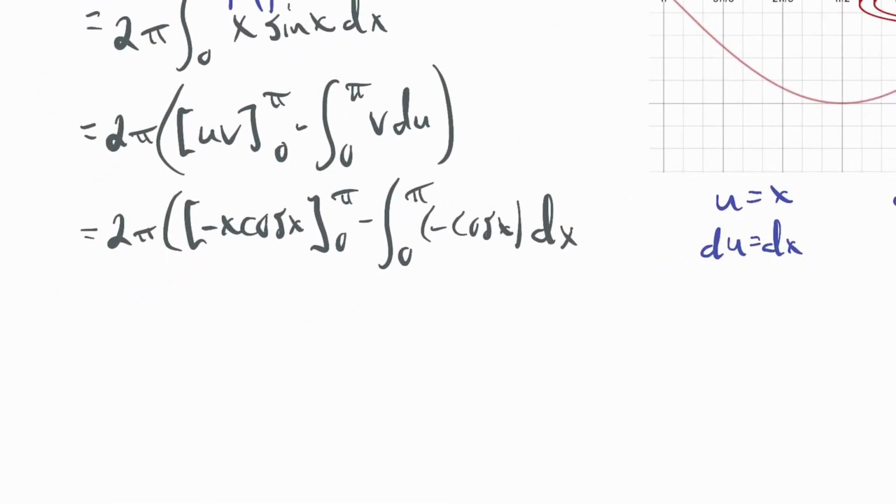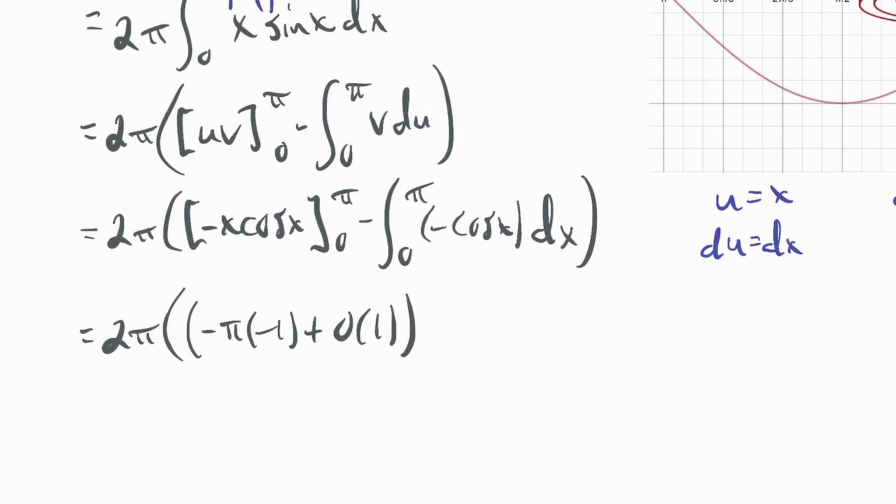So, close parentheses. This is 2 pi times, well, that's negative pi times negative 1, right? Cosine pi is negative 1, plus 0 times 1. Let's make this a plus, right?